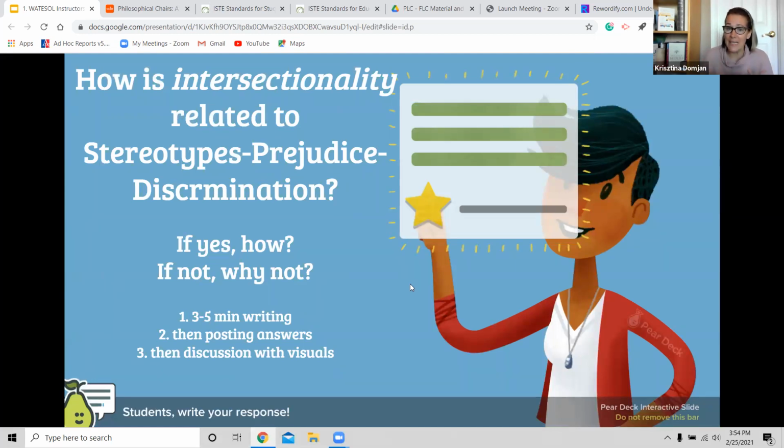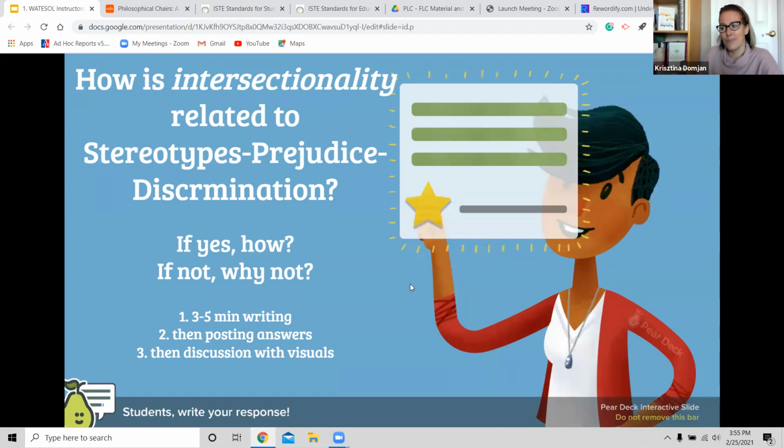So what I would do in class is then ask a question. For example, how is intersectionality related to stereotypes, prejudice, discrimination? 3 to 5 minutes to write. So students are using 3 to 5 minutes, and then they will start posting their responses. Now, this sort of puts the pressure on the student to actually think about it.